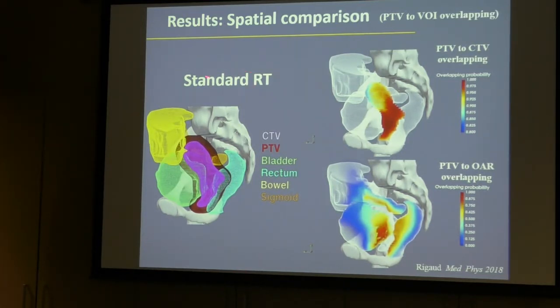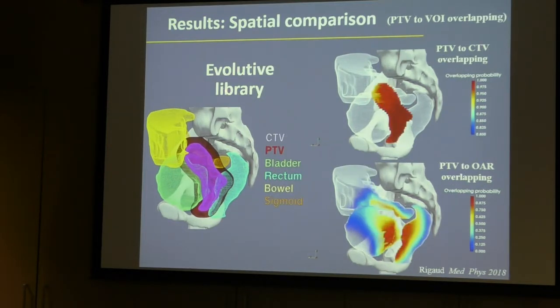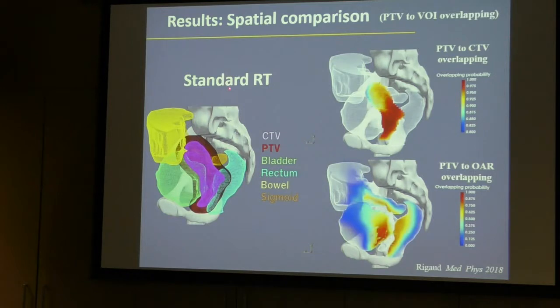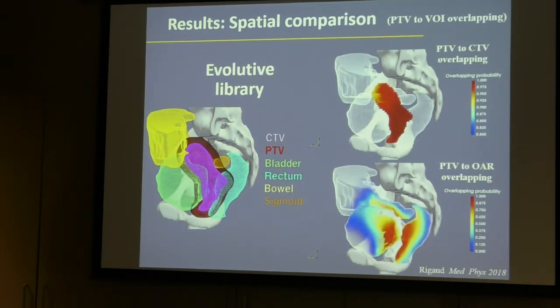And with the standard approach, which means only one planning, you can see that the upper part of the uterus is not well geometrically covered by your PTV. But by implementing your standard library with online anatomy, you are able to better cover your target.